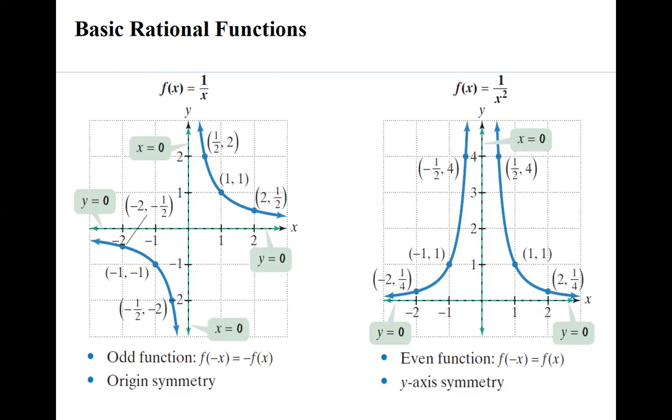So 1 over x has these two legs, one in quadrant 1, another in quadrant 3. This curve is called a hyperbola. Not a parabola, but a hyperbola. It is an odd function. It has origin symmetry.